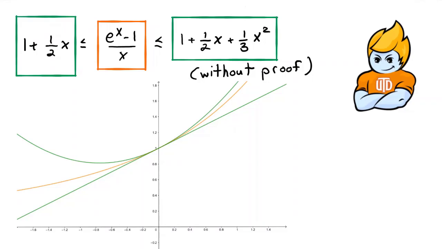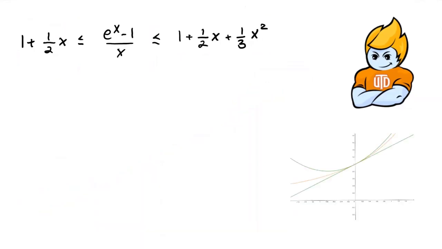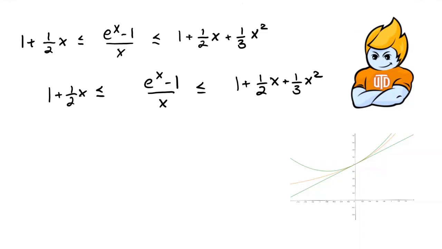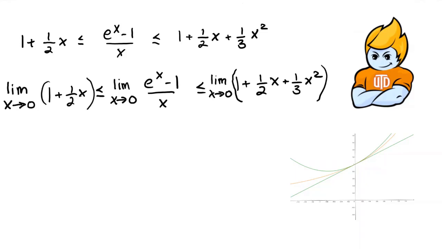Furthermore, you can see that near 0, the three graphs approach the same y value of 1, and that's the heart of the Squeeze Theorem. To reflect what's going on in the picture, we'll go ahead and take the limit of all three parts of this inequality as x goes to 0. The limits of the two bounding functions are easy to compute.